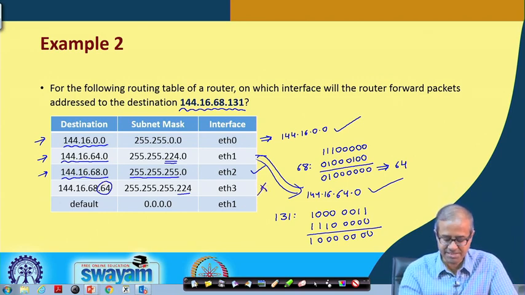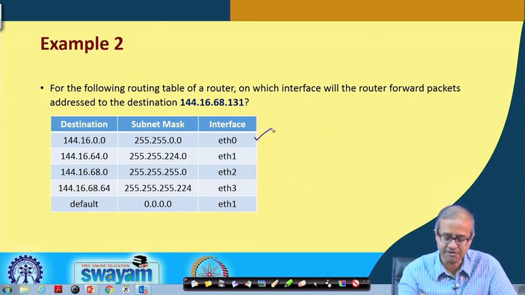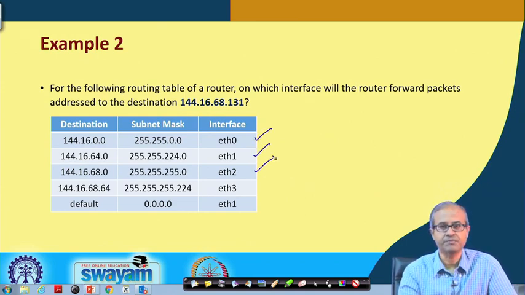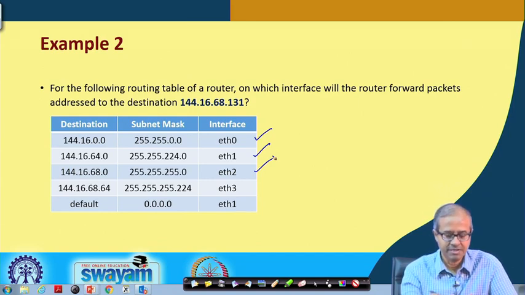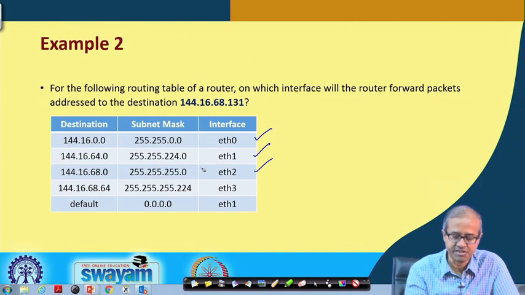So, there is a match in this example for the first 3 rows. Now, as I had said, in a router we follow the longest prefix match rule. With respect to the subnet mask, the first row had 16 bits of the network, the second one had 8, 8 and 3, that is 19, and the third one had 8, 8 and 8, that is 24.